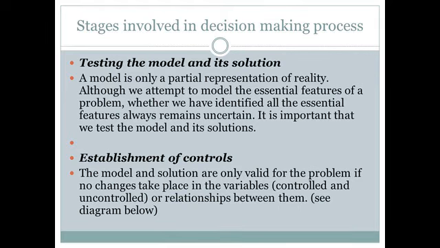The next step is establishment of controls. The models and solutions are only valid for the problem if no changes take place in the variables, controlled and uncontrolled, or the relationship between them. Now, what are variables? You can just take an example that inflation is directly proportional to the rate of fluctuation of interest rate.